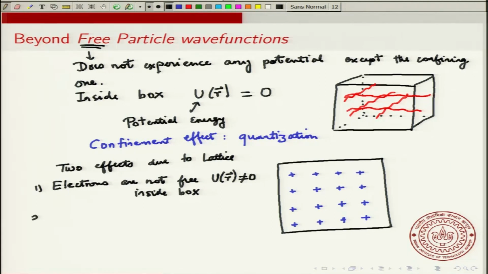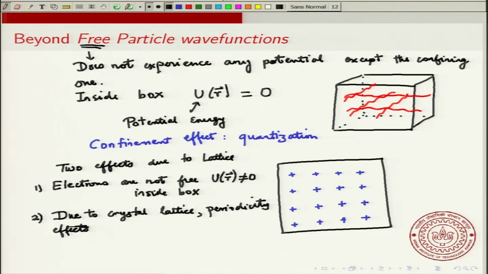The second, probably more profound effect, is due to the crystal lattice. There is a periodicity imposed, and this is probably the more profound one which we will be discussing in a lot of detail.